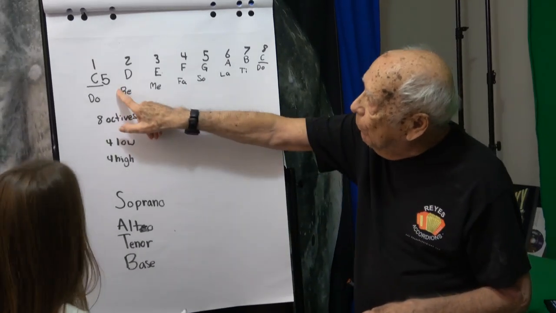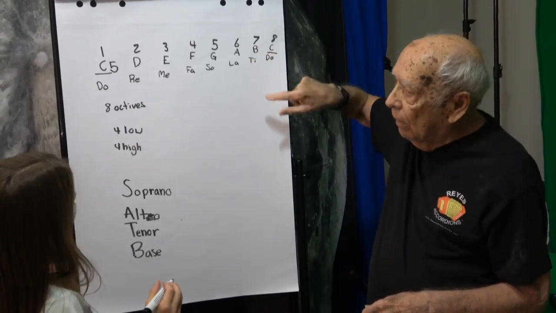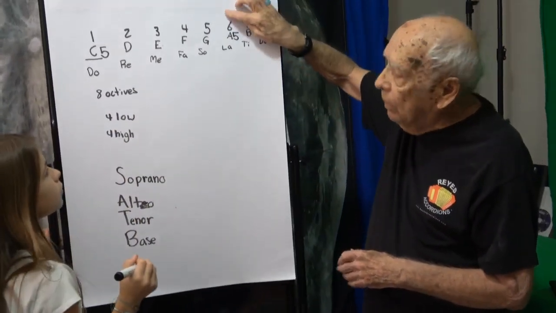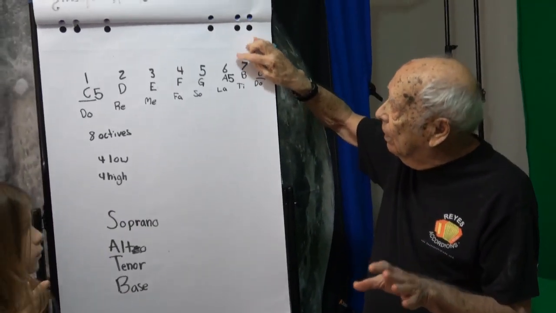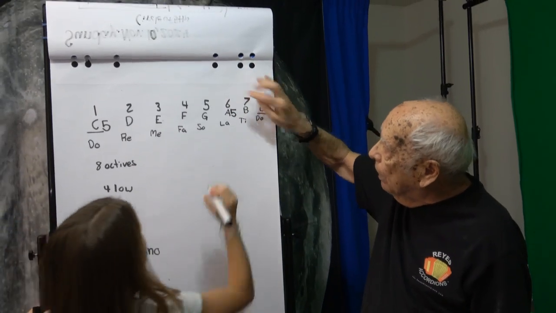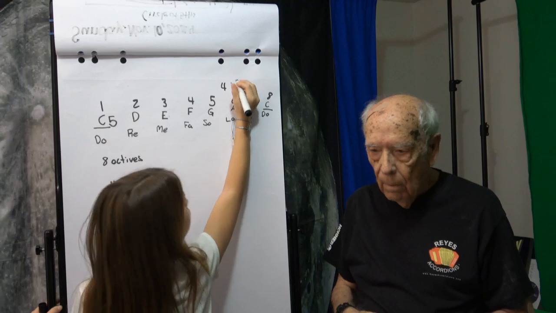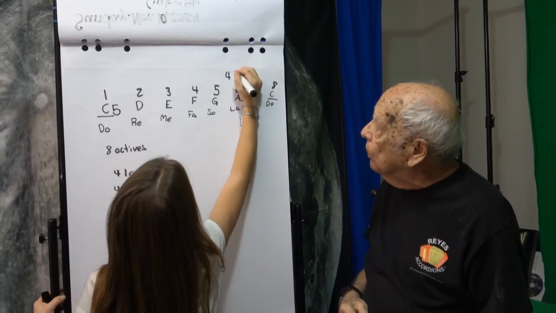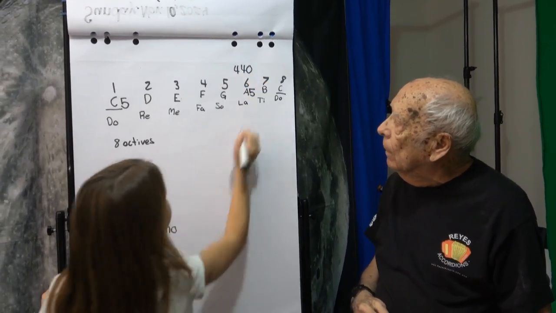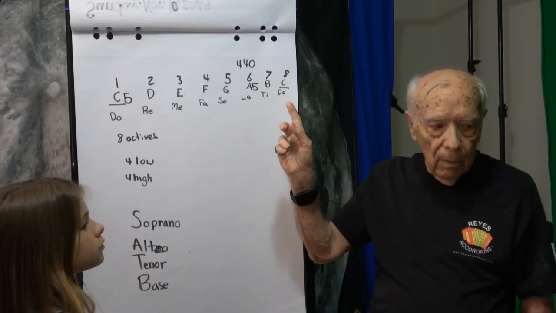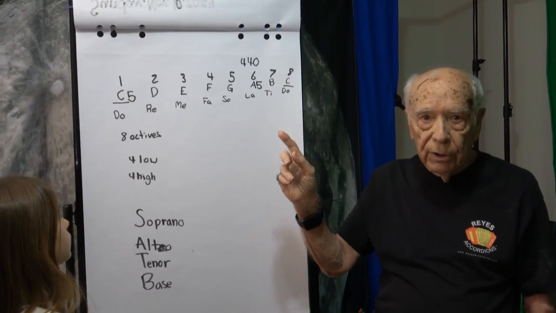So this is C5. So A5, write down A5. Now I don't know if you can write it here. This is where physics comes in now. Write down 440. 440. That is the frequency of that note. 440 hertz.